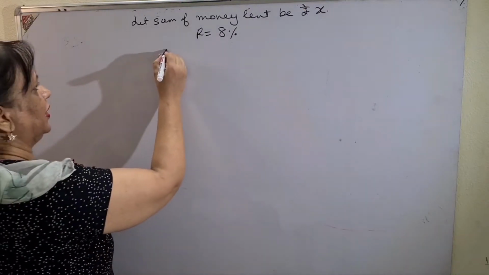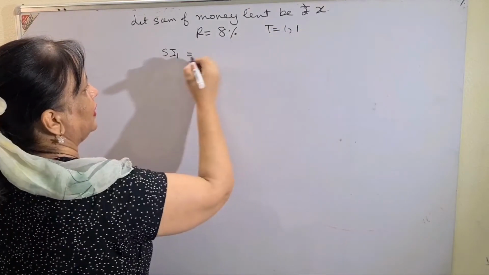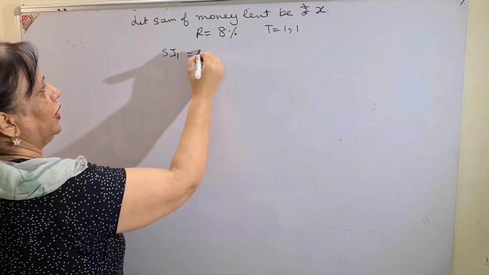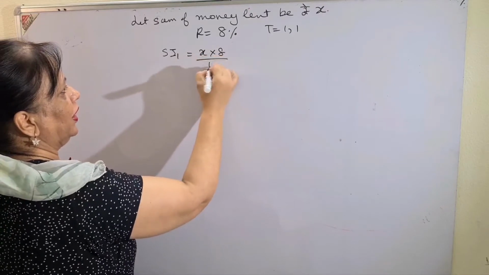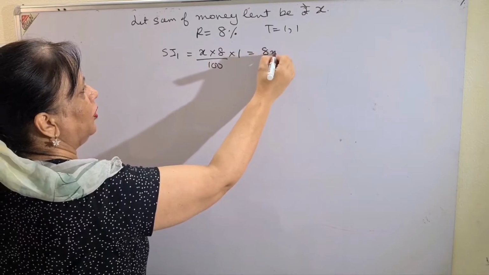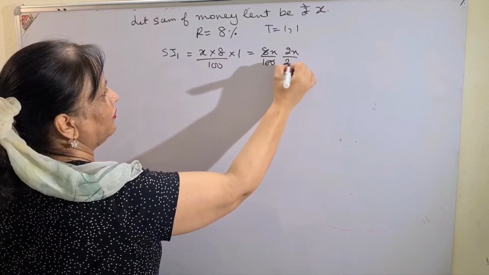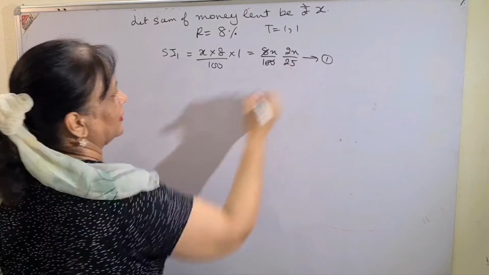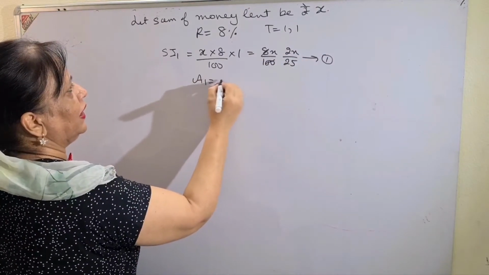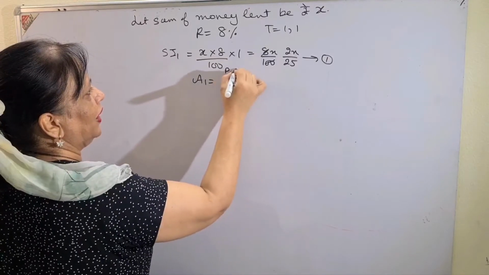First of all, I am going to get SI1, because my time is 1. SI1 is X into 8 upon 100 into 1. So this will be 8x upon 100, or you can calculate, 4 2s are 8, 25. This is SI1. A1 will be X plus 2x over 25, principal plus interest.